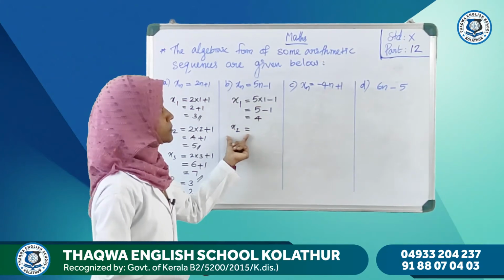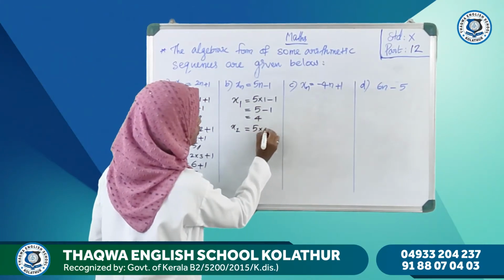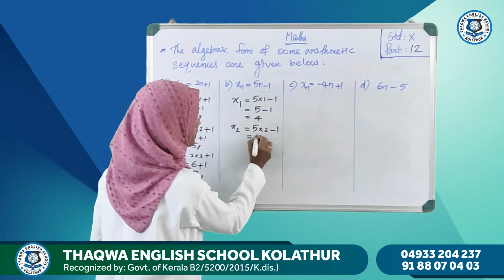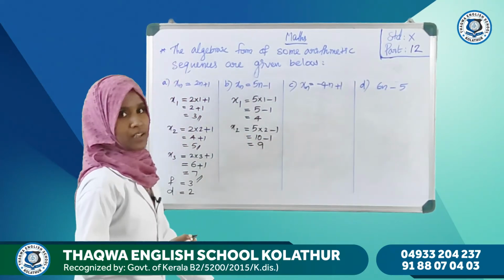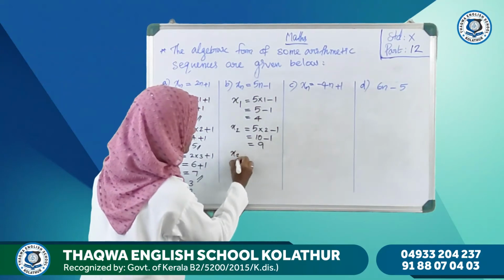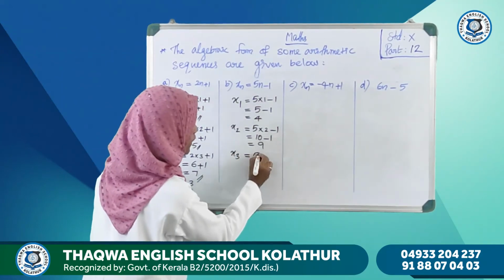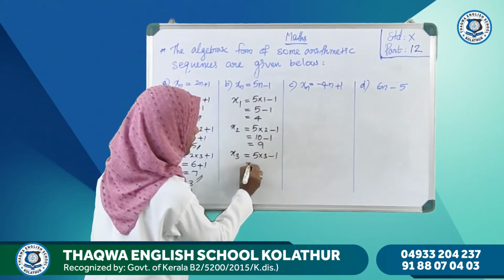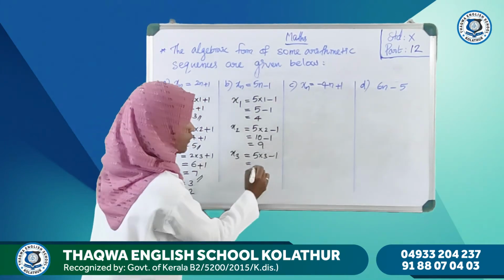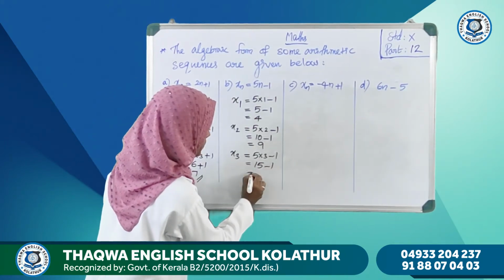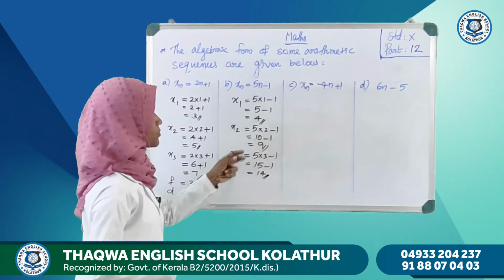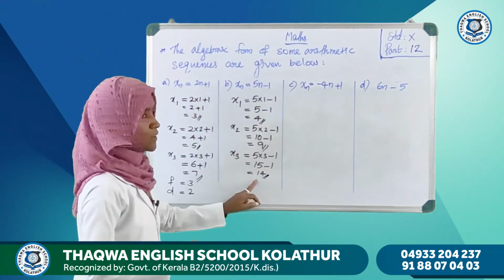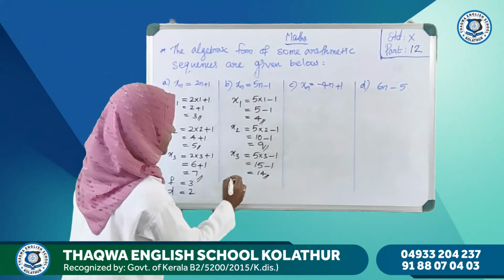What is the second term? 5 into 2 minus 1. This is 10 minus 1, so 9. Okay, then third term, 5 into 3 minus 1. 5 into 3, 15. 15 minus 1, 14. Terms are 4, 9, 14, etc.